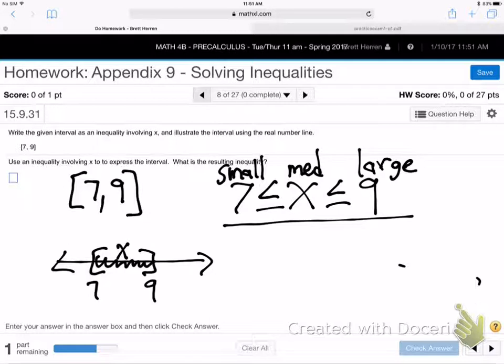This is the small number, this is the large number, X is between them. So it's the medium. The smaller is smaller than X, and the X is smaller than the large. It's between. That's what it means to be between, to be medium, right? So the symbols are both less than, and that's logically correct. Does that make sense? Am I good on that?